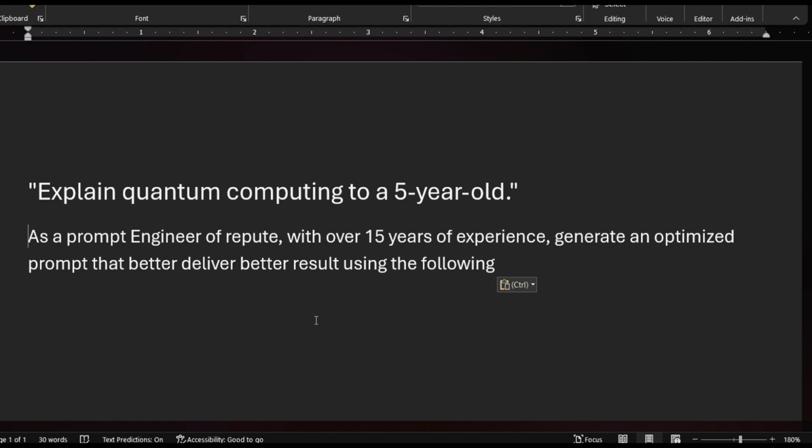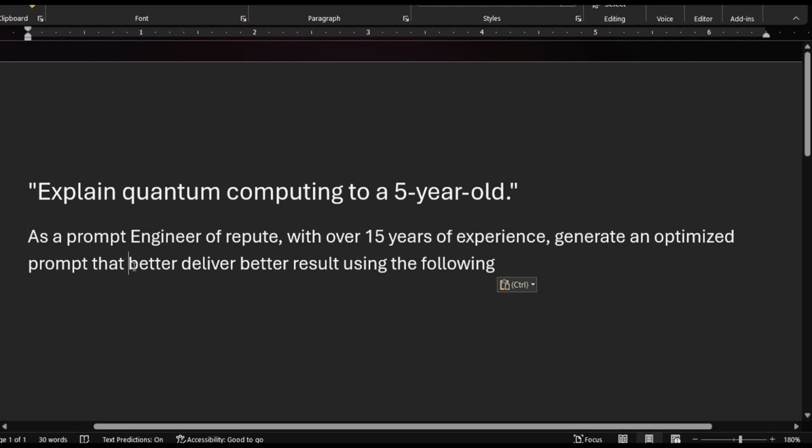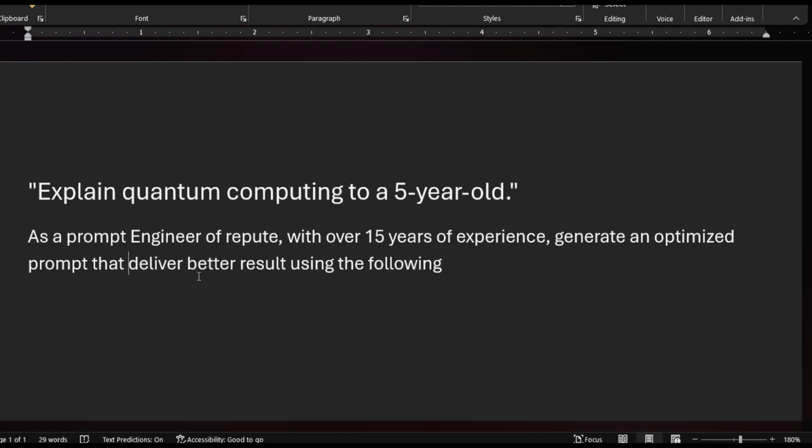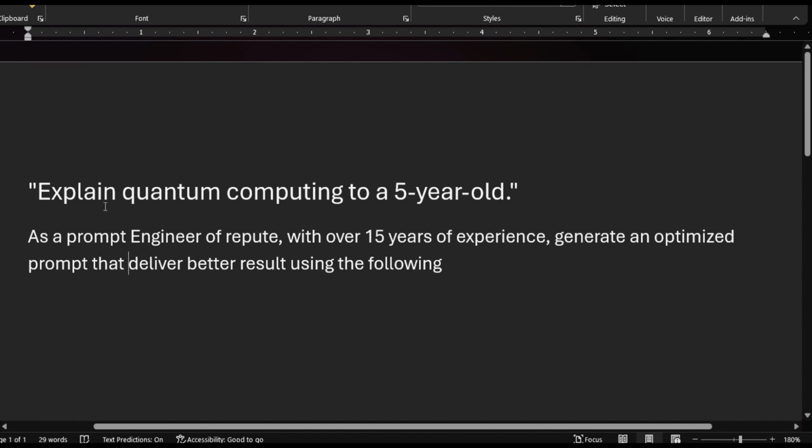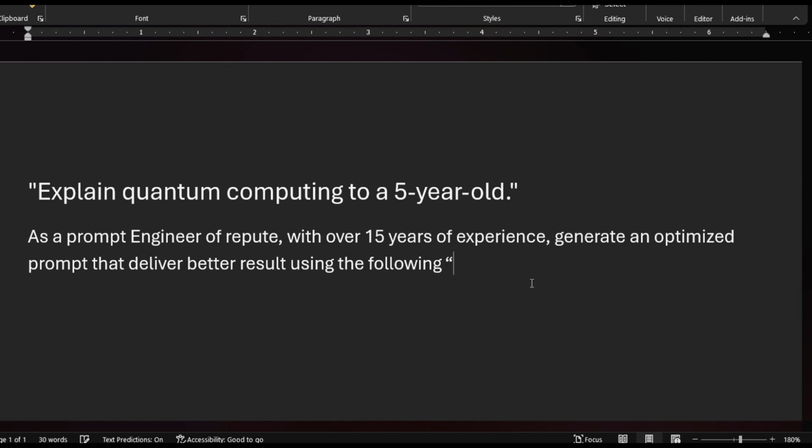I want you to generate an optimized prompt that delivers the best result using the following. So we can now bring this into it. But even if I'm going to bring it to it, that is the prompt that we want it to do what?